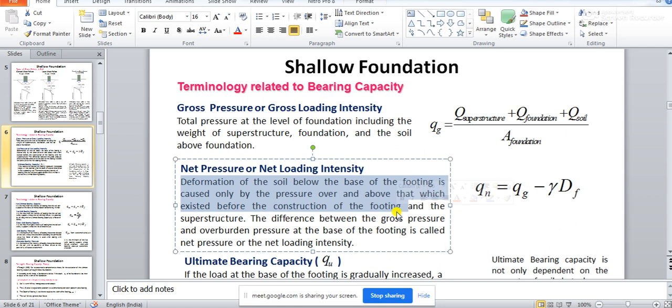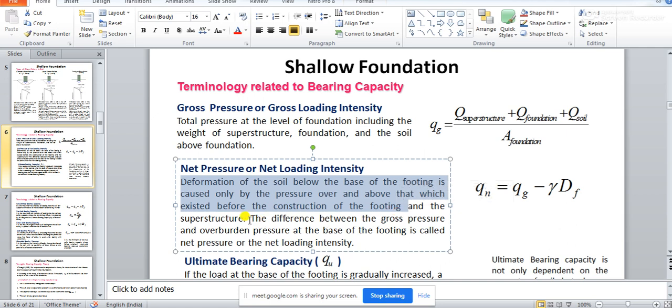So the soil which existed before construction of the foundation has already deformed the soil. When you construct the superstructure and the footing, you excavate the soil and put it back inside.